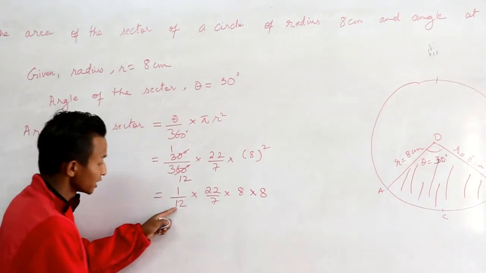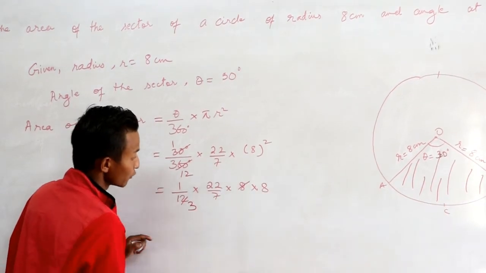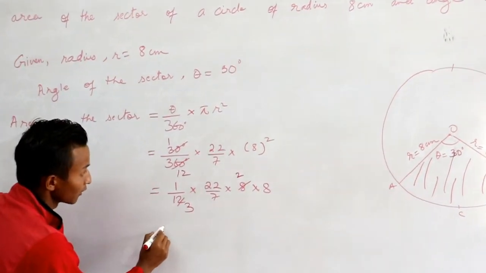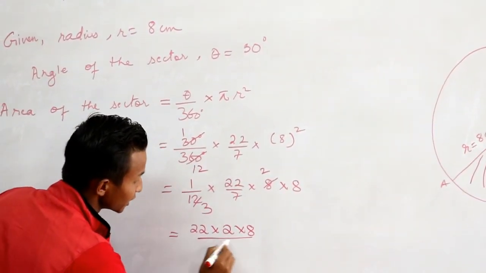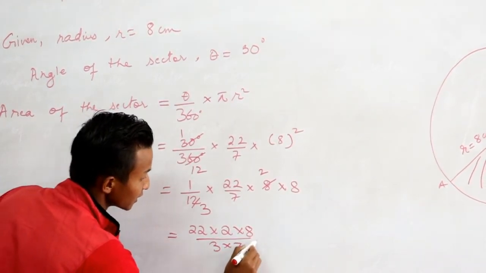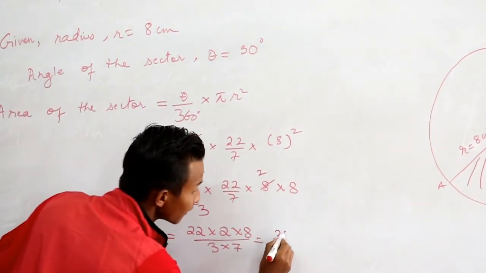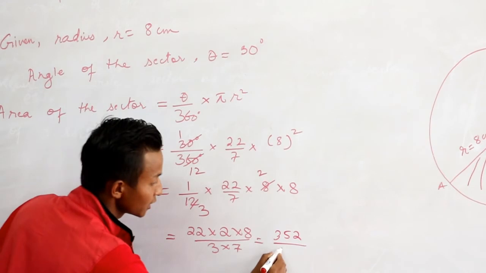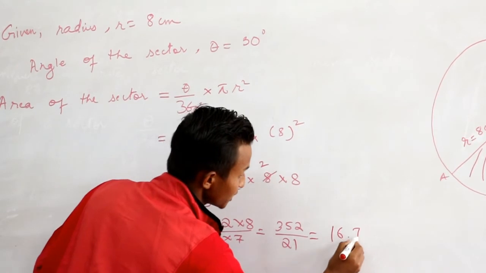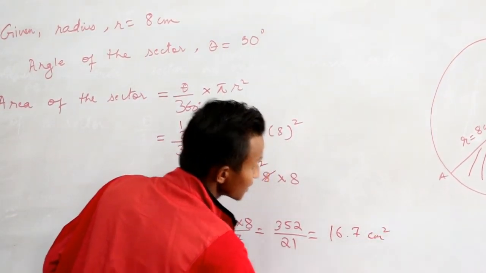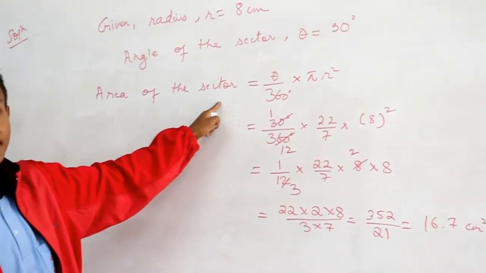We divide 12 by 4, which is 3, and divide 8 by 4, which is 2. We are left with 22 into 2 into 8 divided by 3 into 7. If you multiply these numbers, we get 352 divided by 21, which is equal to 16.76 centimeter square. So this value is the area of the sector.